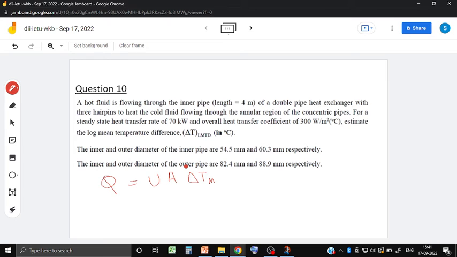Let this be the inner tube with outer diameter of inner tube represented by DIO, and this be the outer pipe of the double pipe heat exchanger, and let its diameter be DOO.